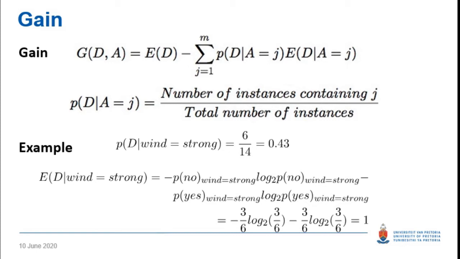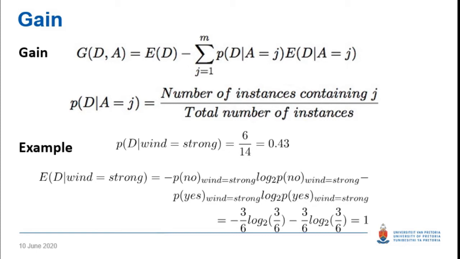Now to work out the entropy, we also work out probability values, and here they are a little bit different. We're looking at everything in the context of the attribute wind having a value of strong. We know that there are 6 instances that have that value in our data set. But to work out the probabilities for the entropy, we look at how many of those 6 have each particular class.